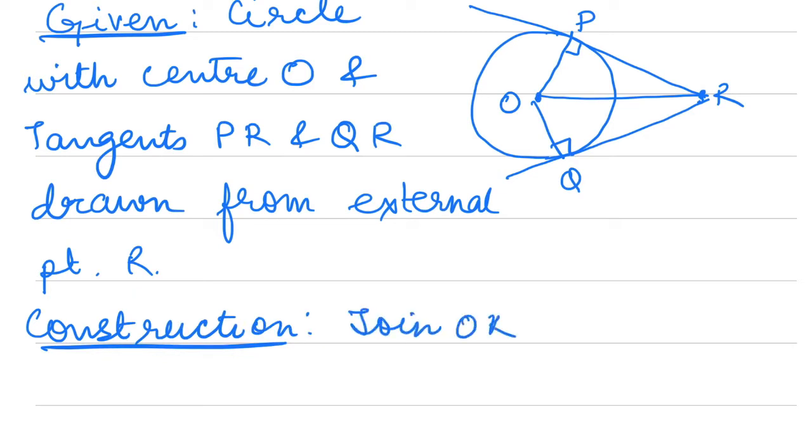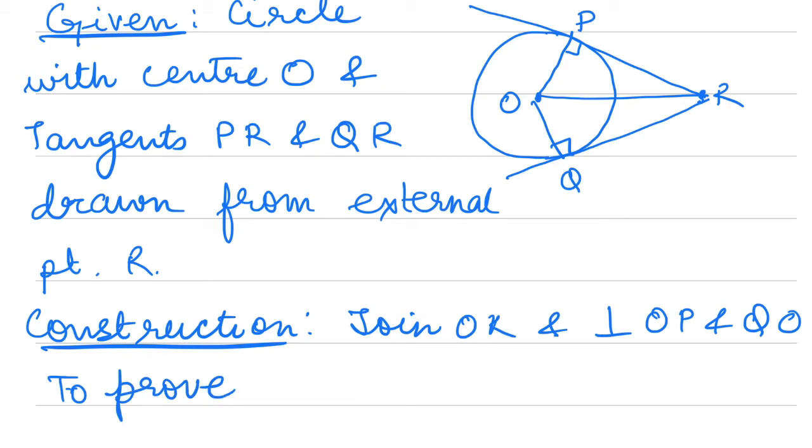Join OR and perpendiculars OP and OQ. To prove PR is equal to QR.